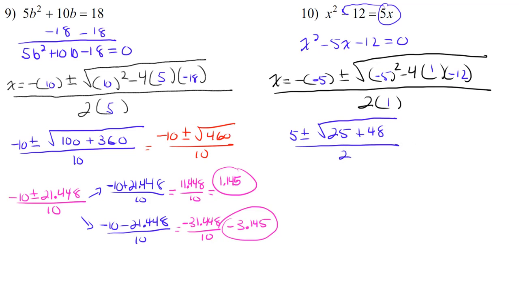And 25 plus 48 is 73. 5 plus or minus radical 73 over 2. And 73 is not a perfect square. So the square root of 73 rounded to the nearest thousandth is going to be 8.544.